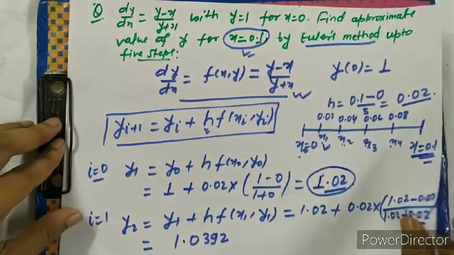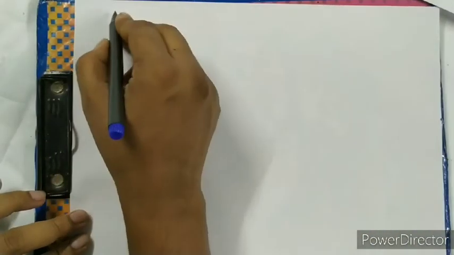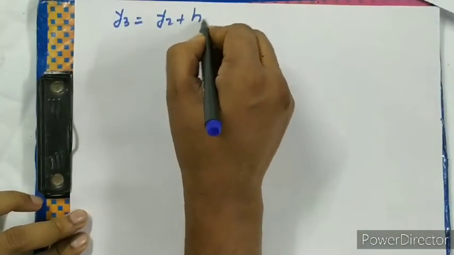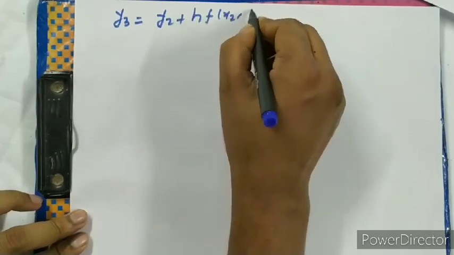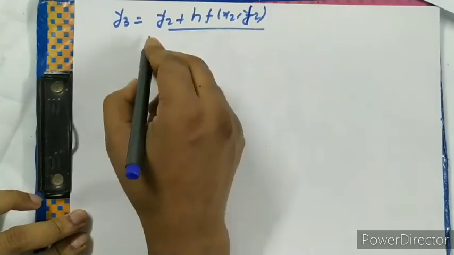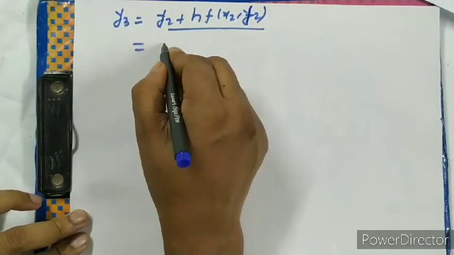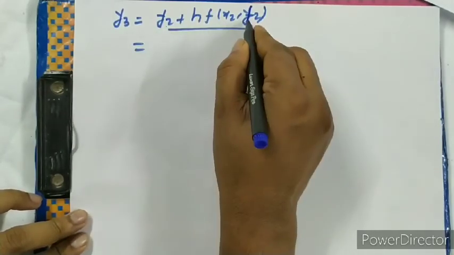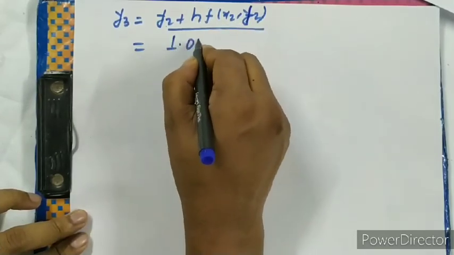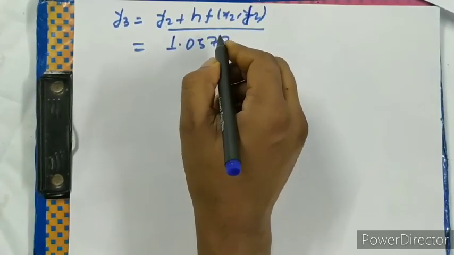So what is y3? y3 is equal to y2 plus h f(x2, y2). After putting y2 and x2, we will get the value 1.0577.